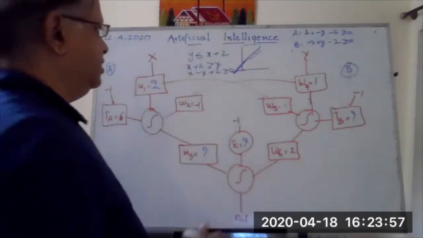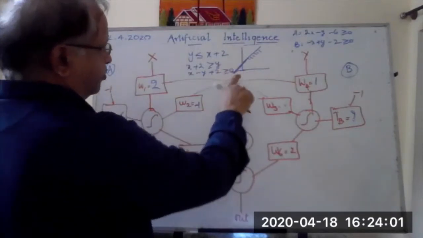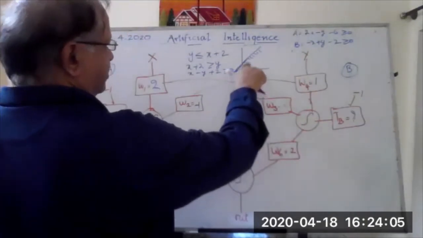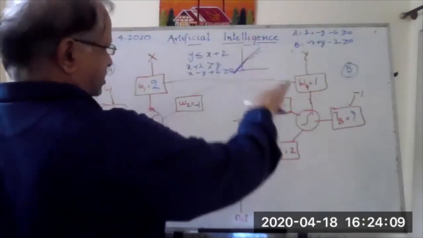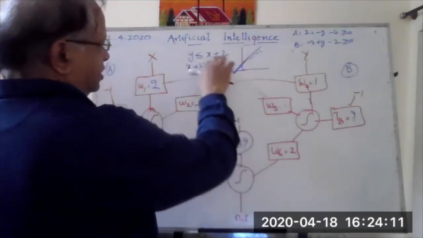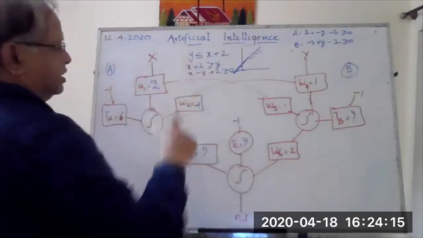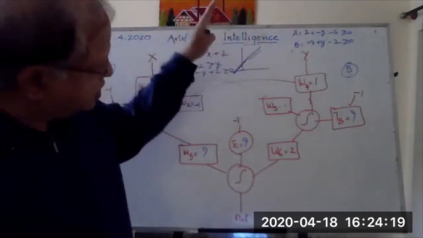Now if I take x is equal to 0, y is equal to 2. But if I take x is equal to 1, y will be 3. But it will not be in this portion. That means y has to be less than this one. This equation has to be less than this. So that's the reason y should be less than or equal to x plus 2. That means it has to be less than.